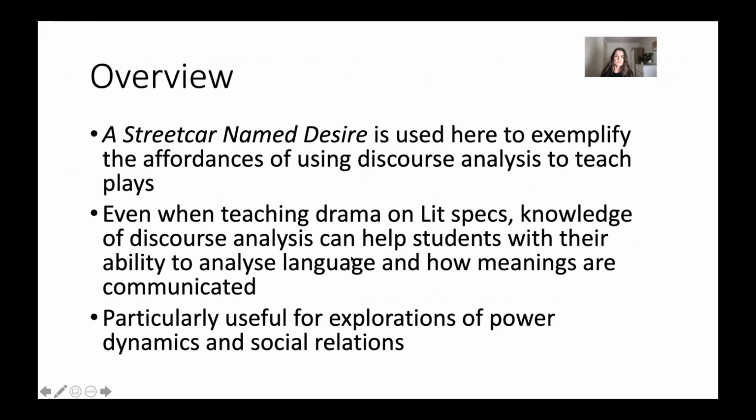So as an overview of what I'm going to be talking about today, A Streetcar Named Desire, as I've said, is used to exemplify the affordances. I've already started talking about that briefly, but it is something I'll be returning to as I go through the presentation today to help you think about how you can apply some of these principles.